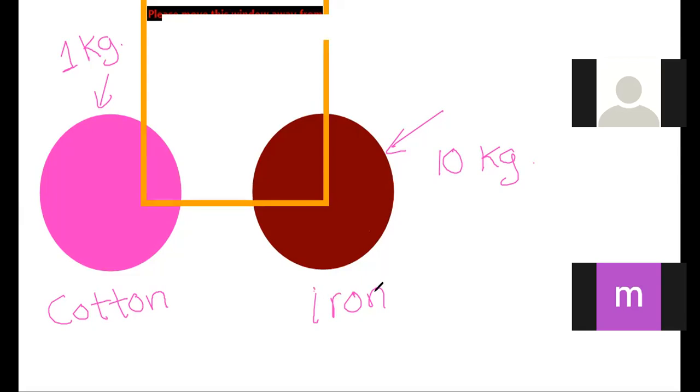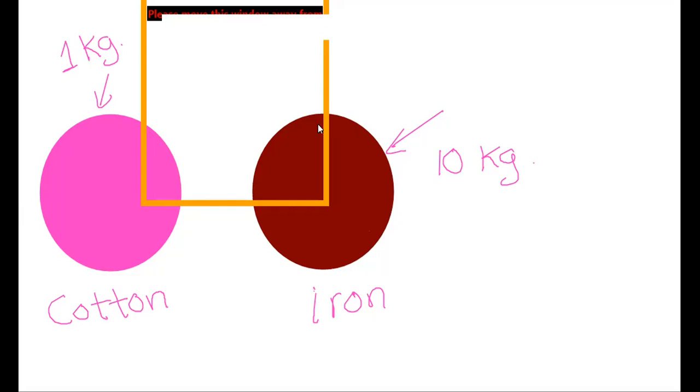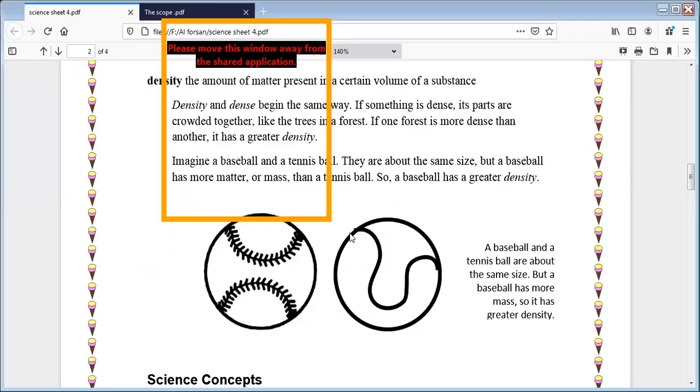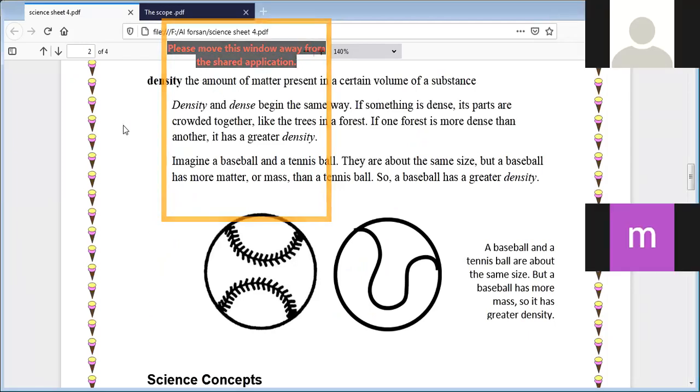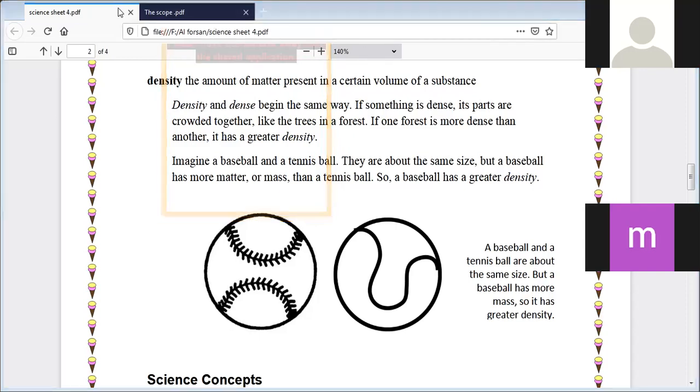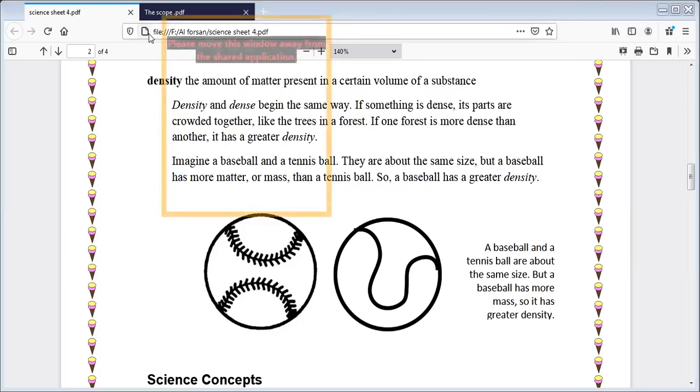Density. So let's come back to this page and read density again. The amount of matter present in a certain volume of a substance.